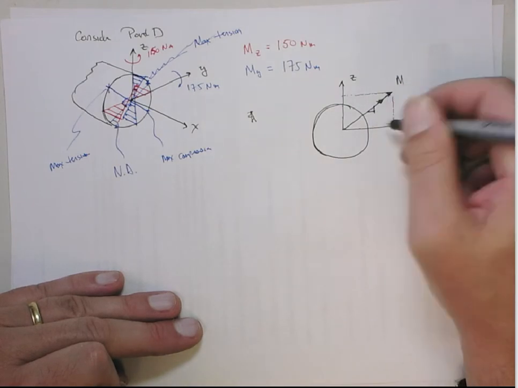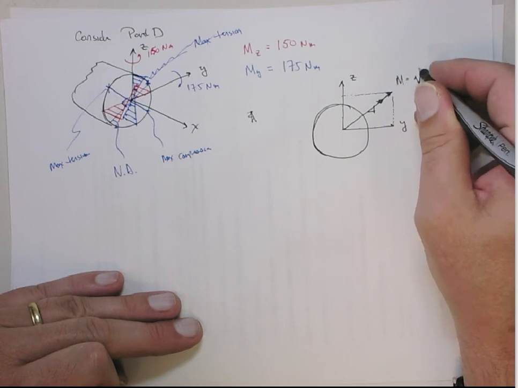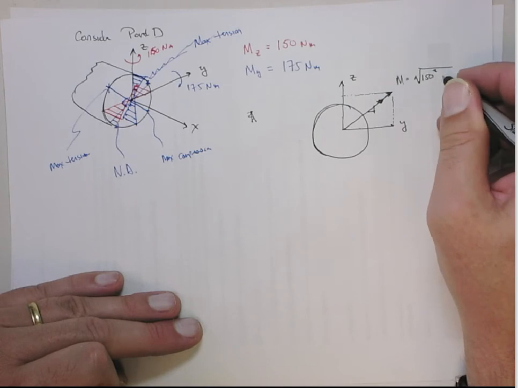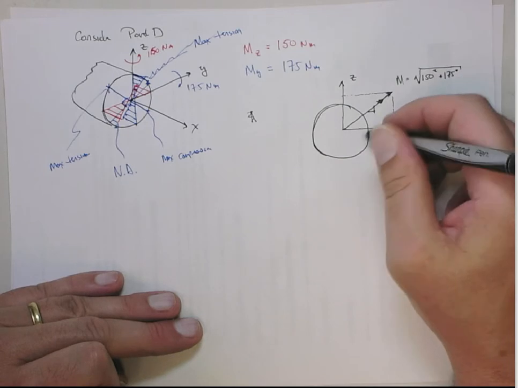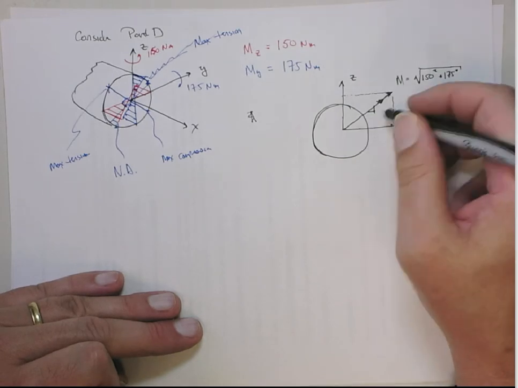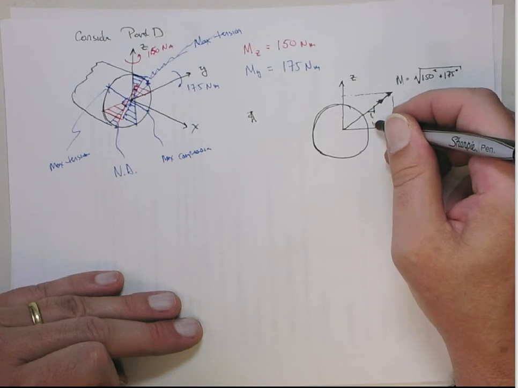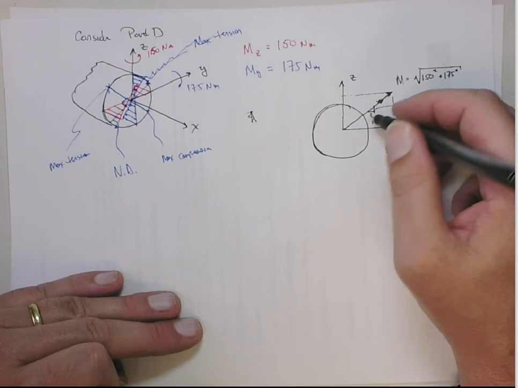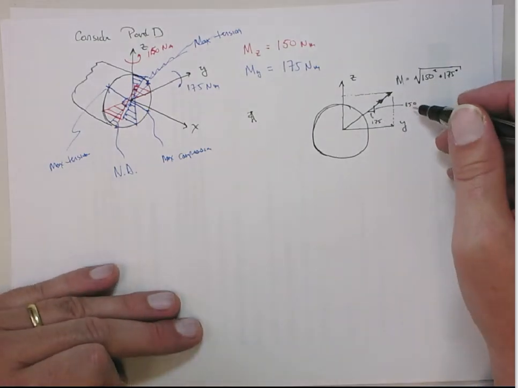Okay? So this is the moment vector. All right? And it's going to have a value of square root of 150 squared plus 175 squared. Right? Because this is going to be 175 and this is 150. All right? So this has a value. The slope of this is going to be 175 and the slope of this is 150. Or in other words, this thing has a slope of, common denominator is 25.